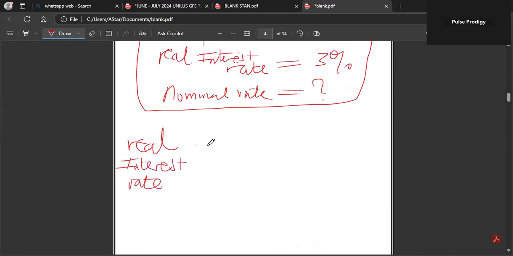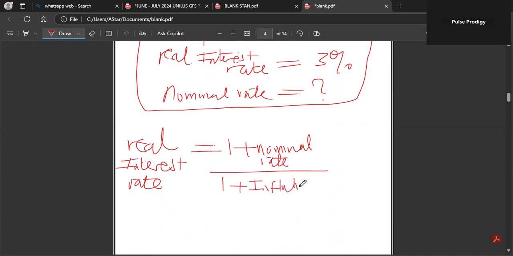rate is equal to 1 plus nominal rate over 1 plus inflation, minus 1.